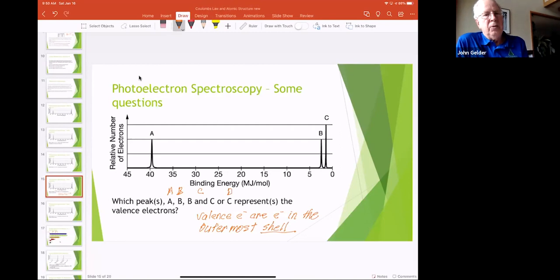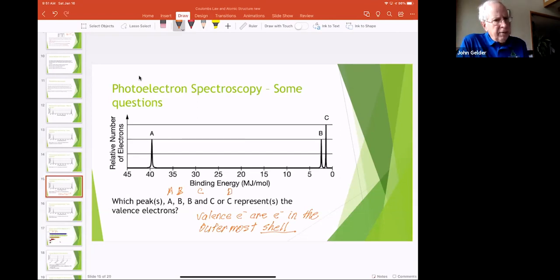Valence electrons are electrons in the outermost shell. So the correct choice would be C, because it is both the electrons under peak B and under peak C that represent the electrons in the second shell.